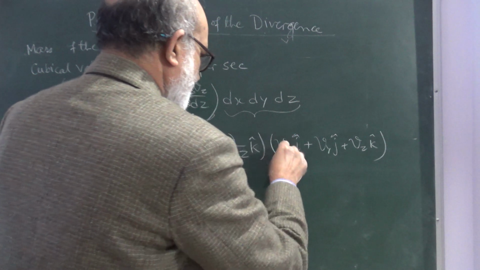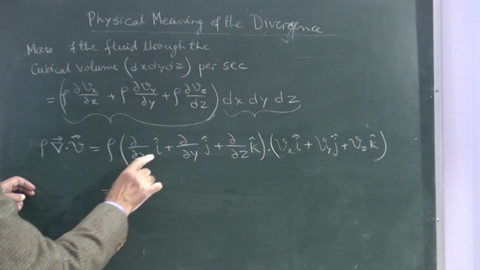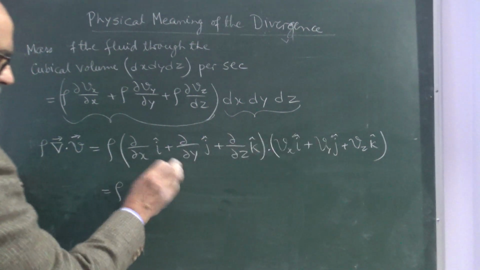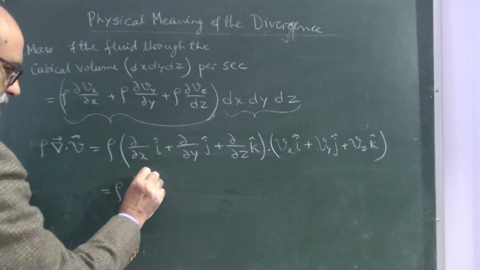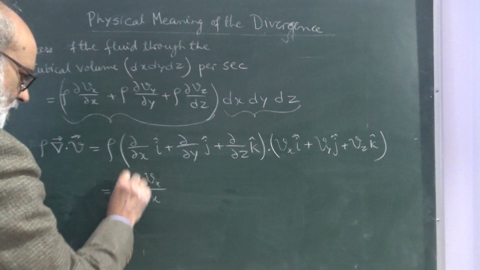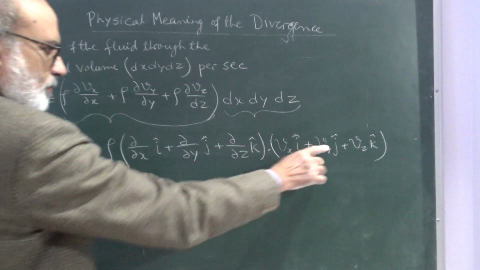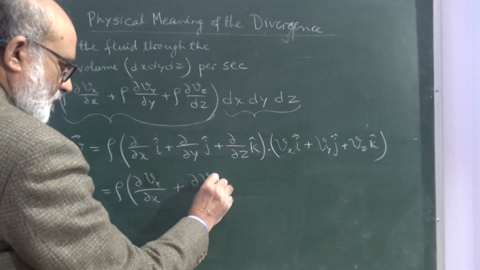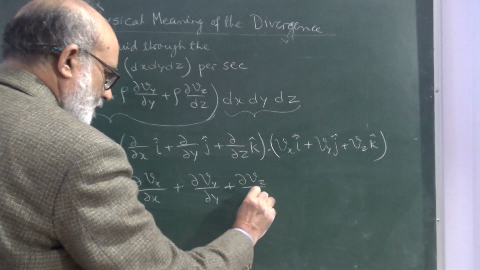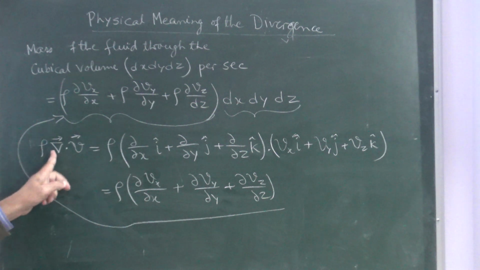If you operate, dx will operate on this, i dot i will be 1, i dot j will be 0. So it will be dvx by dx plus dvy by dy plus dvz by dz. So this is the same, so you can write this.